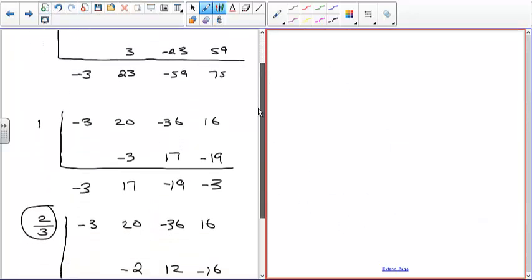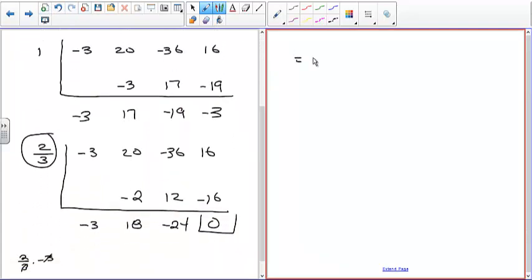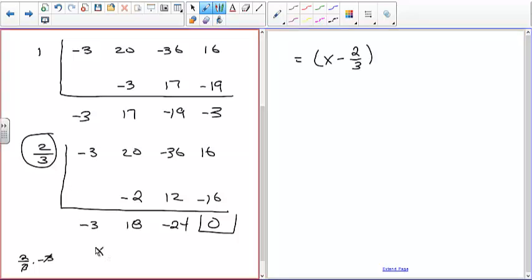So what we have left is that original function is going to be x minus 2/3, because x equals 2/3 is a zero. The factor is x minus 2/3.